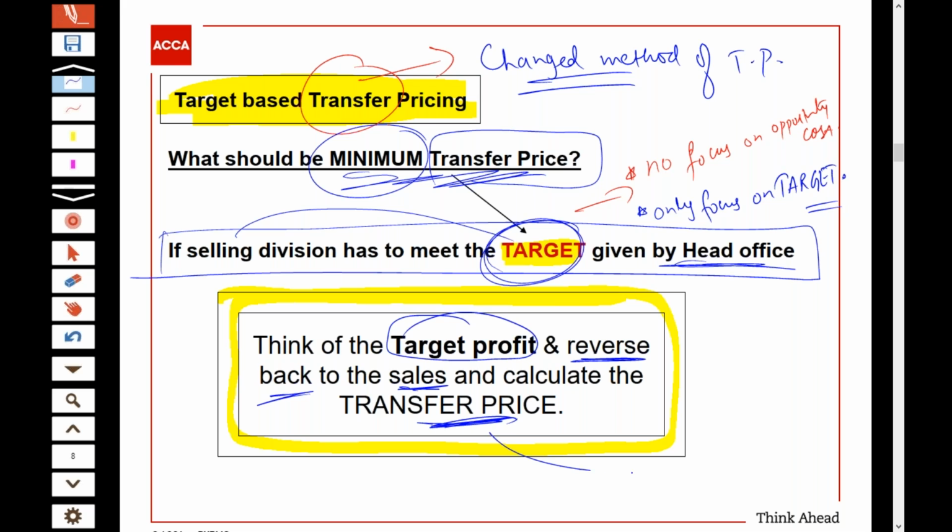Your transfer price will be automatically calculated. This is the simple formula for the target based transfer price. Just think of the target profit, reverse back to the sales and calculate the transfer price.